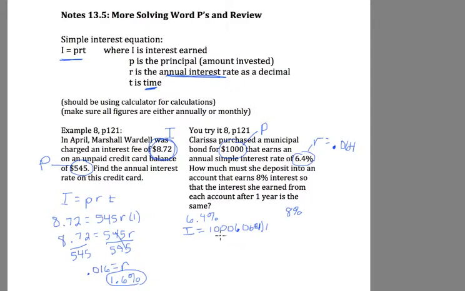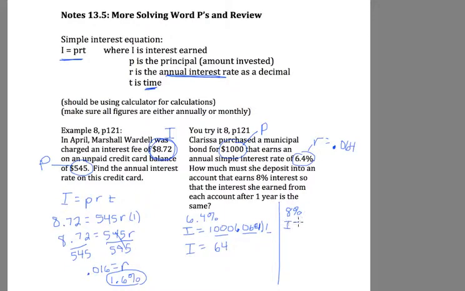This should read 1,000 times 0.064 times 1. So after 1 year, the interest in this account will be, punch that into your calculator, $64. So she wants to know how much money do I need to start with? What's my principal have to be to get my interest to be $64?